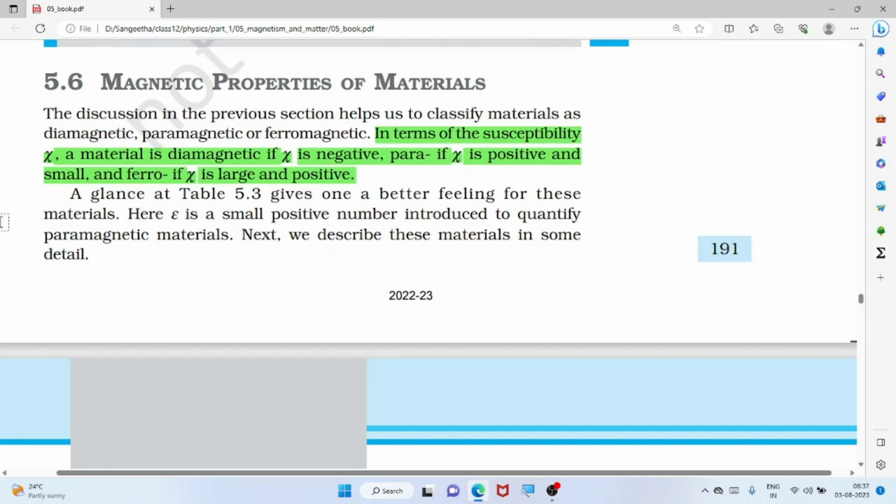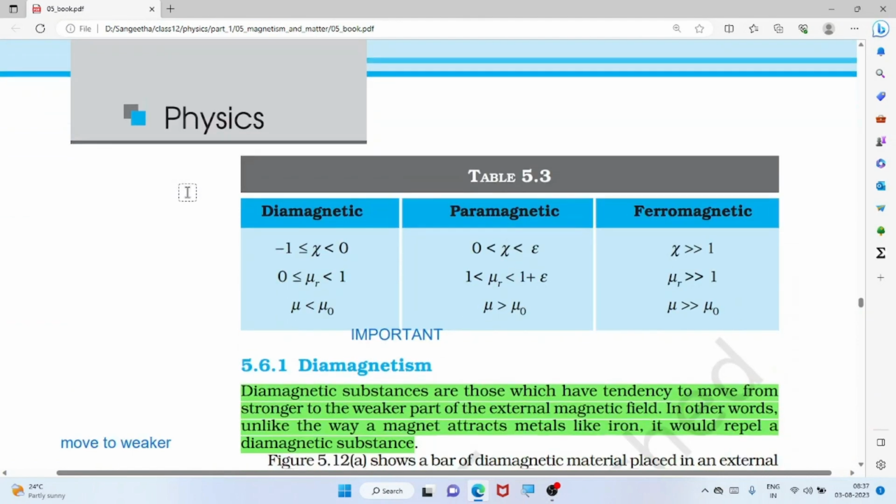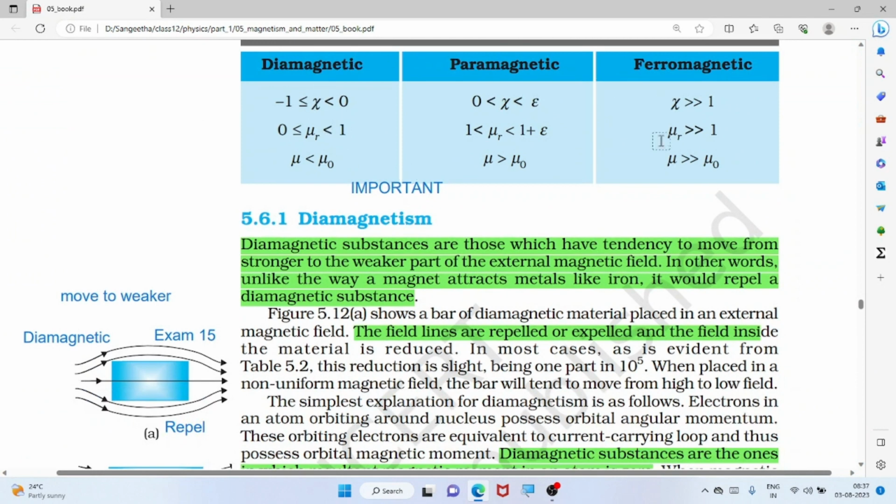The susceptibility of a diamagnetic material is negative, for a paramagnetic it is positive and small, and for a ferromagnetic it is positive and large. This is the relation.